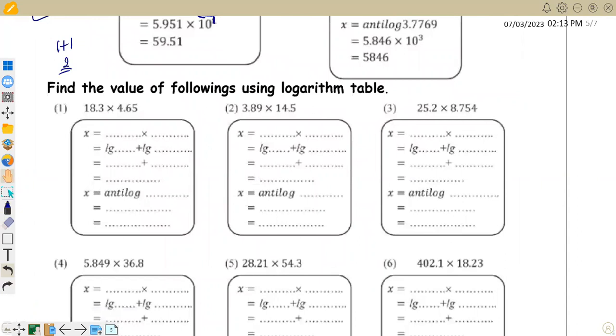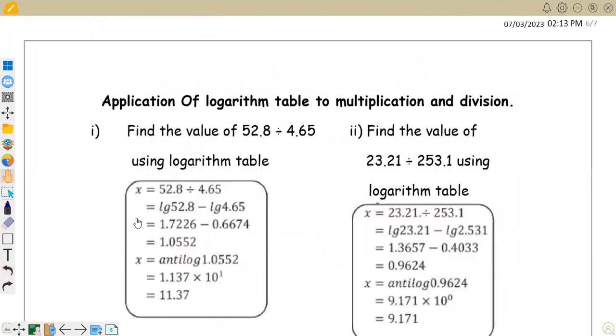This is about multiplication. Let's move to the division. Now here, in this case also, you have to find the value of 52.8 divided by 4.65 using logarithm table. Look at, in this case also, you have to equate the given numerical expression to an unknown term.